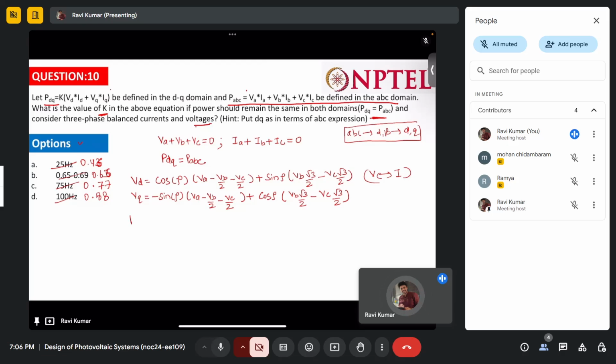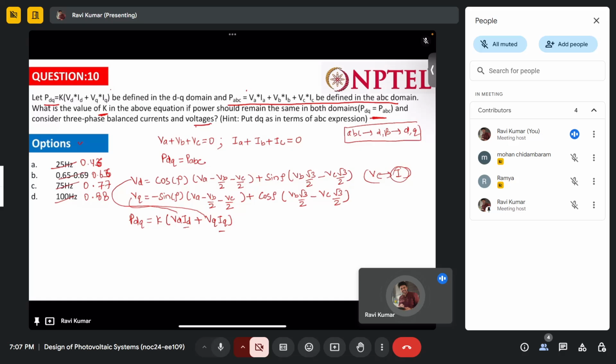Then write power DQ as K times (VD ID plus VQ IQ). Put VD from here, VQ from here. Similarly, by changing V with I, we can get it in terms of ID and IQ as well.